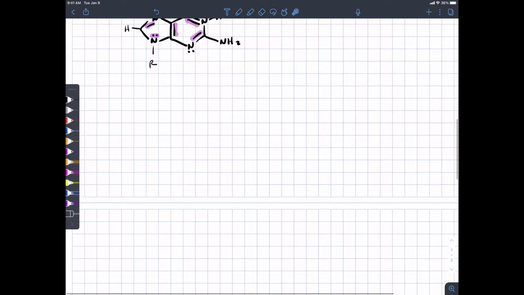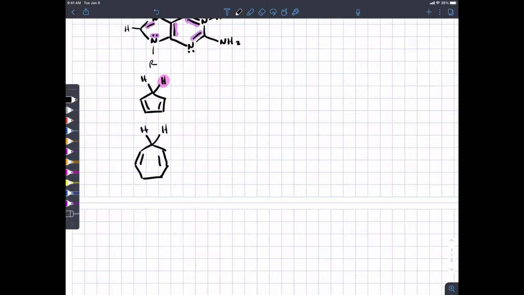Just real quickly, if I compare the acidity of this proton versus this proton, we would need to draw the conjugate base, and then we can compare the two conjugate bases to see if there's a difference in their stability, and therefore if there should be a difference in the acidity of the orange versus the pink protons.